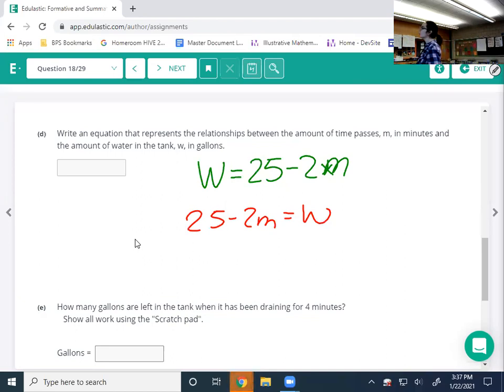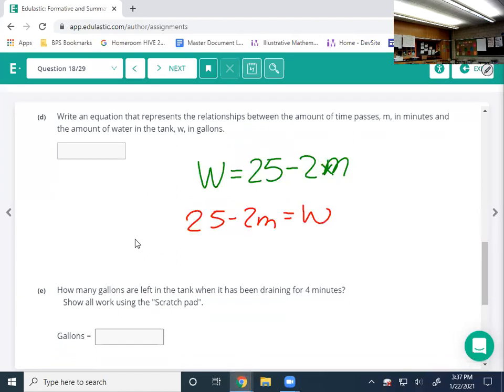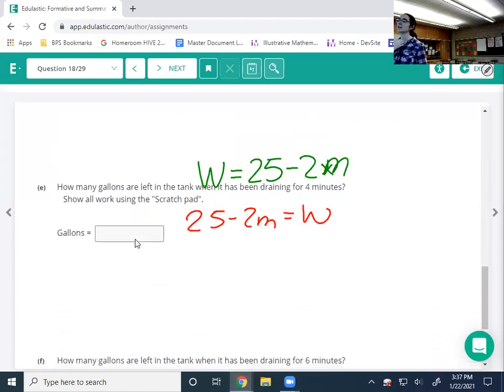Okay? So now we're going to use this equation to calculate how much is going to be left after we let it drain for 4 minutes. So now instead of plugging 4 in for W here, we're plugging 4 in for our minutes.